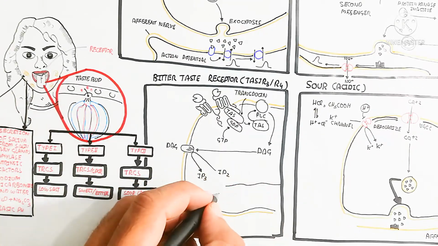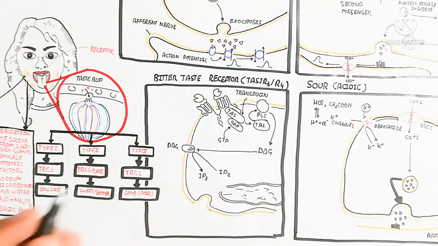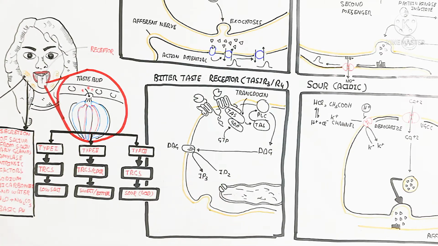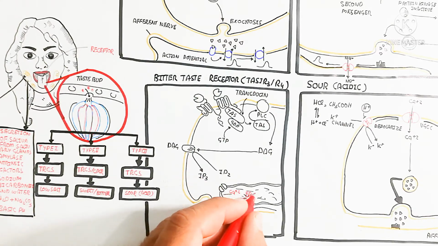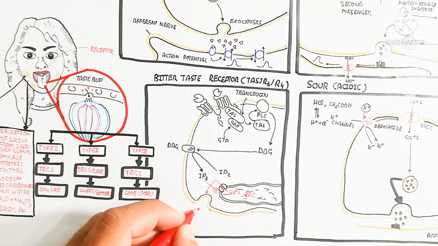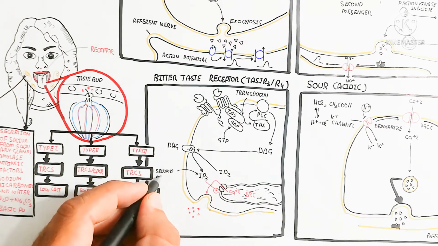In this way, transducin is present in the form of a G coupled protein. So the ligand will bind, and this mechanism is basically very hard to understand. The transducin will separate as an alpha monomer.